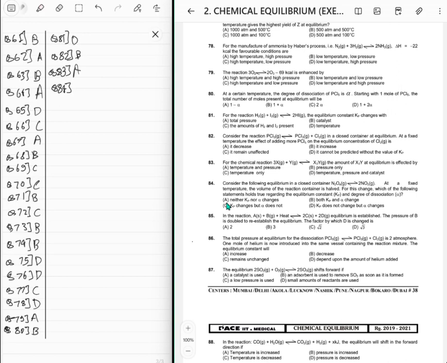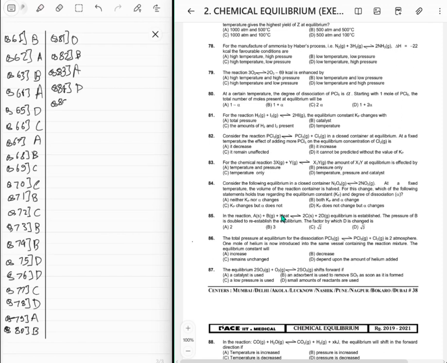That just means your pressure is increased by 2, right? So at that instant when it is compressed, your pressure will be doubled. And increasing pressure, it's just going to shift backwards. So N2O4 increases. Kp doesn't change, alpha does change. So D. Of course, question number 84D.